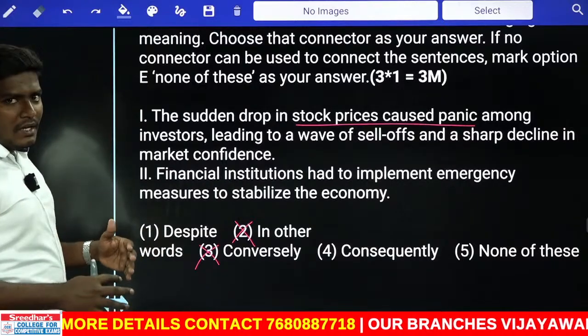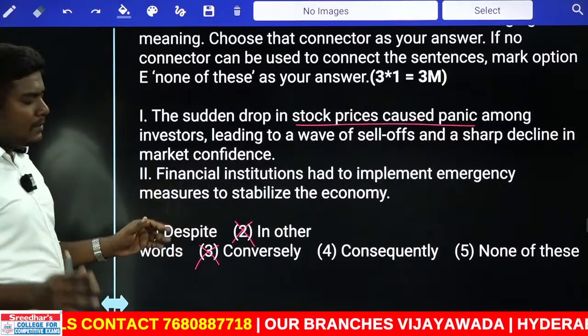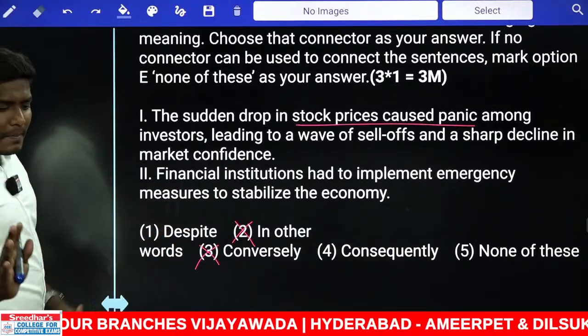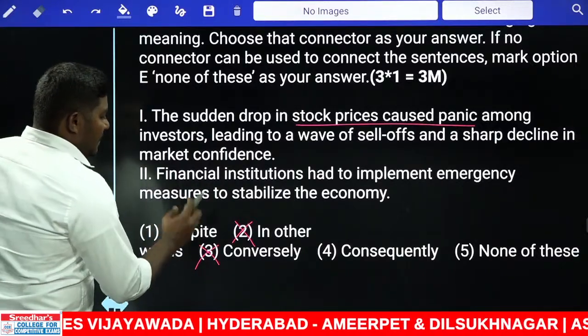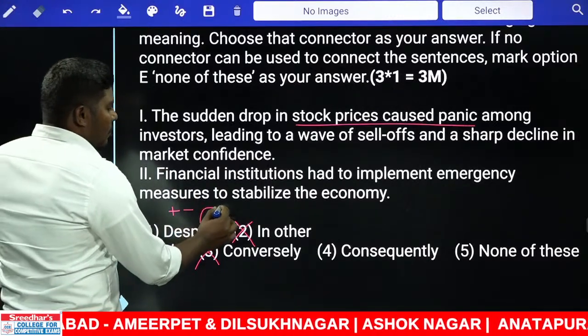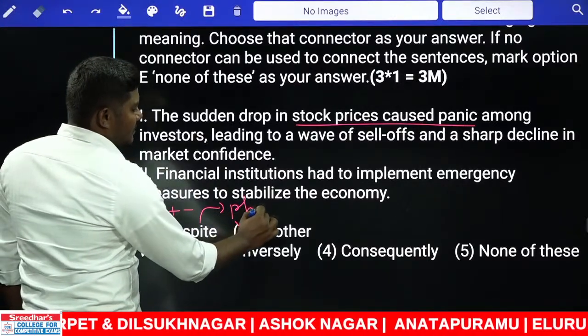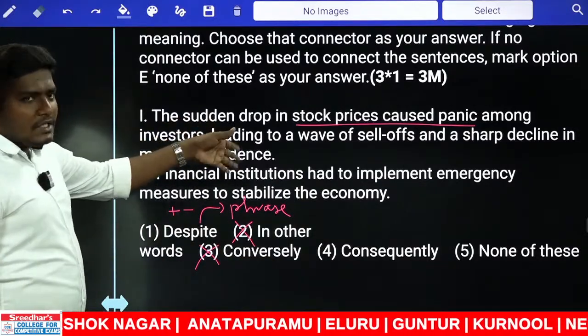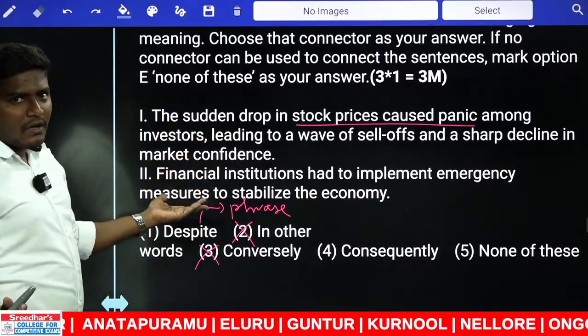See, consequently speaks about two different events, no problem. Despite also speaks about two different events which are contrast. But remember, though despite is a contrast connector, the word despite starts phrases. That should start a phrase. You see here, the both sentences do not have any phrase starter.